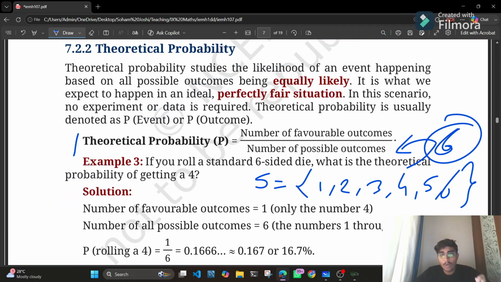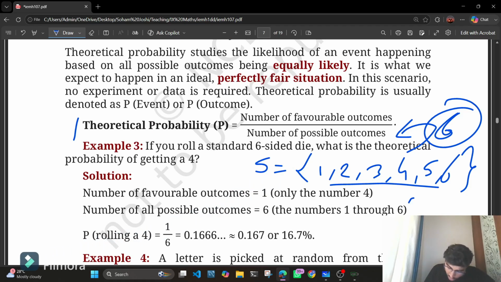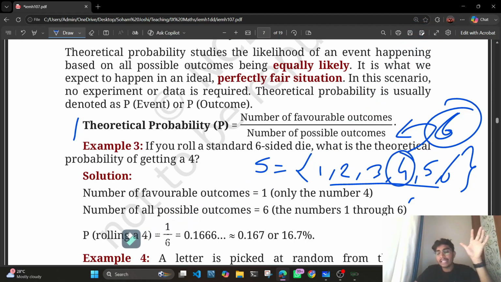Now we are asked, what is the theoretical probability of getting a 4? So now we need to calculate the number of favorable outcomes. From this sample space, we can say that there is only one chance. The number of favorable outcomes is only one, because only once do we have a 4. Either I can get a 1, 2, 3, 4, 5, or 6.